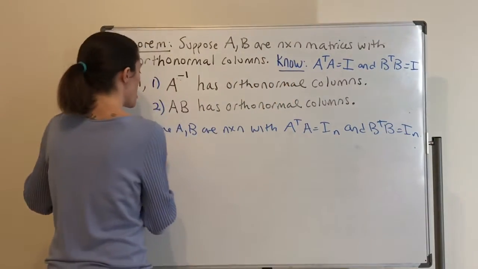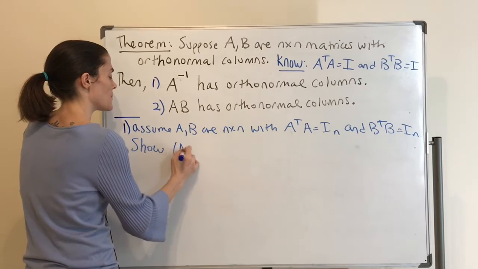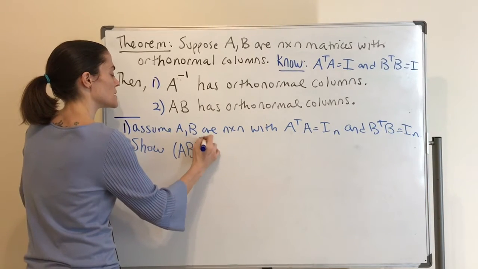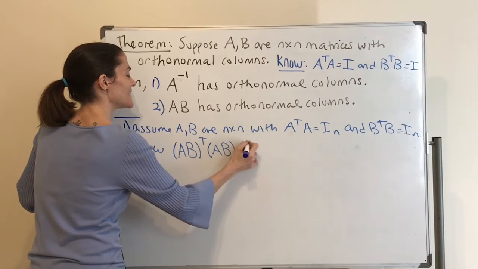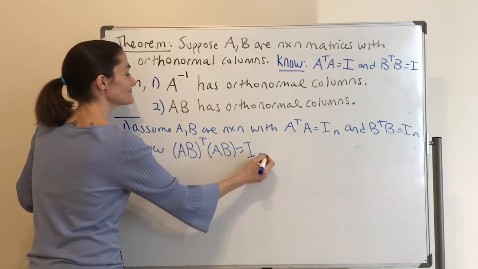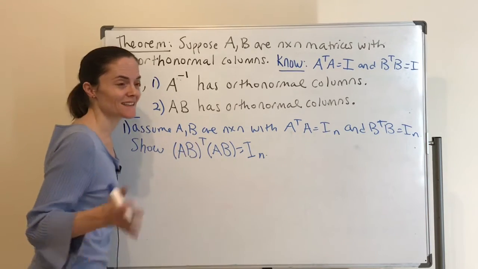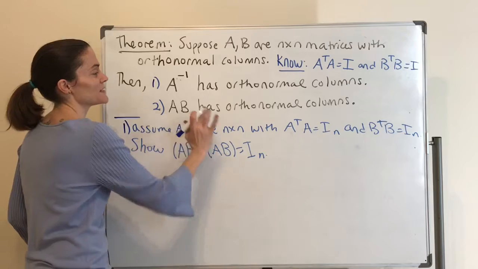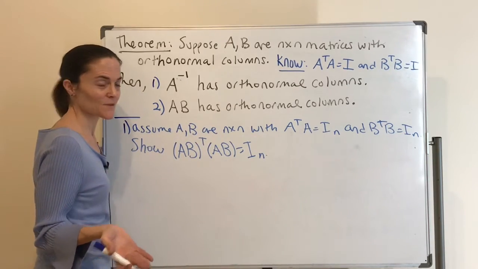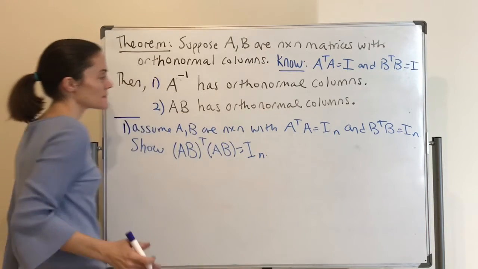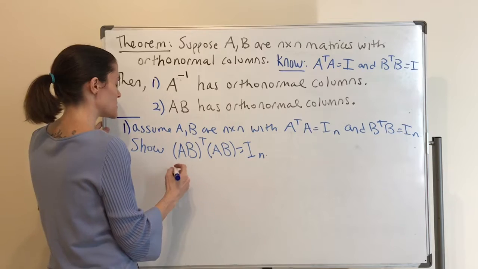And we need to show that AB transpose times AB is the identity. Right? Because this is equivalent, this was what we just discussed, to the columns of this matrix being an orthonormal basis for Rn, or saying this, knowing you have n of them.